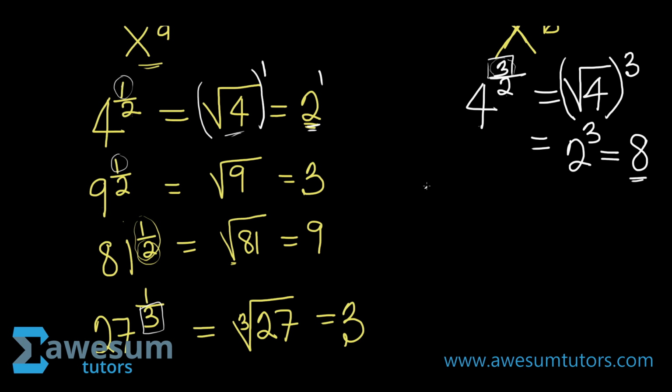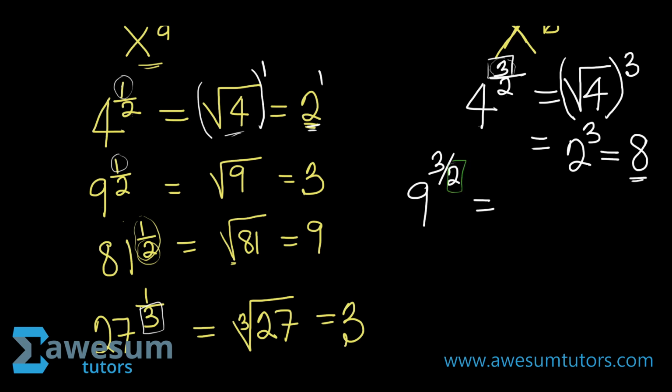What about if we have another example like this? 9 raised to the power of 3 over 2. We are going to use the same approach by saying our denominator right here is 2. Take note, denominator here is 2.